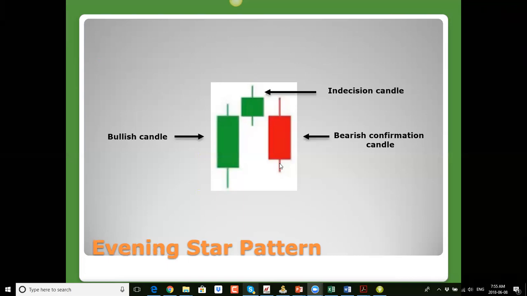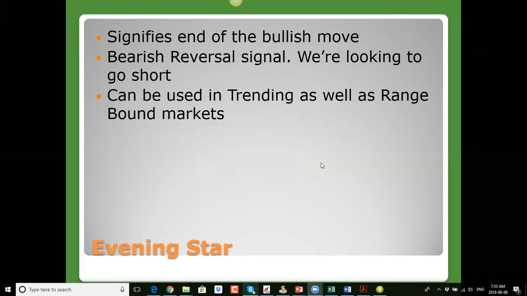And the third candle here is the confirmation candle, where now we know. So we do not take a trade on this candle. We will take a trade when this candle here closes. So this is our bearish confirmation candle. So we're looking for this candle to close, and then we take a trade after the close of this candle.